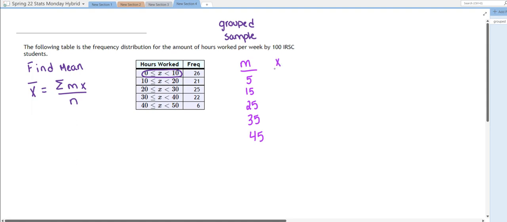And then our x value is our frequencies. So we had 26, 21, 25, 22, and 6. So now we want to multiply them.